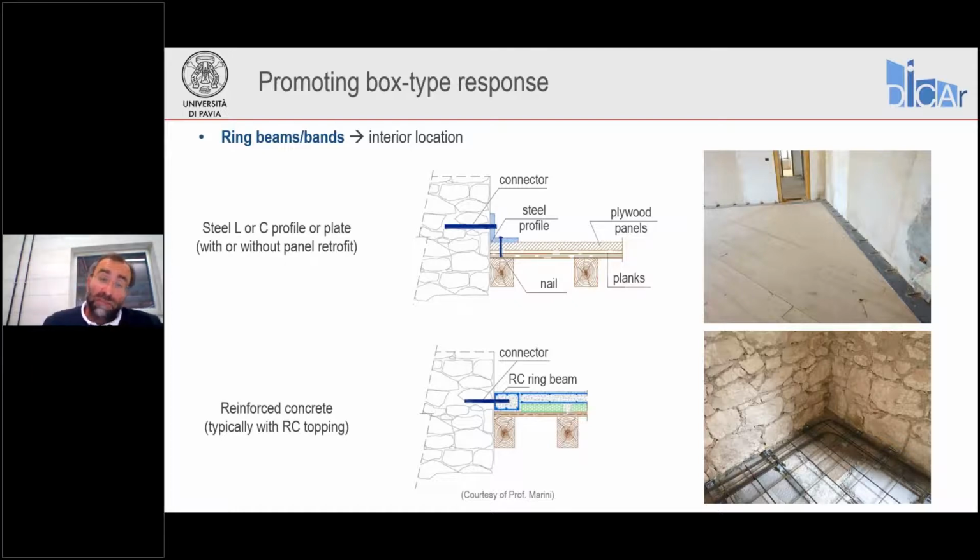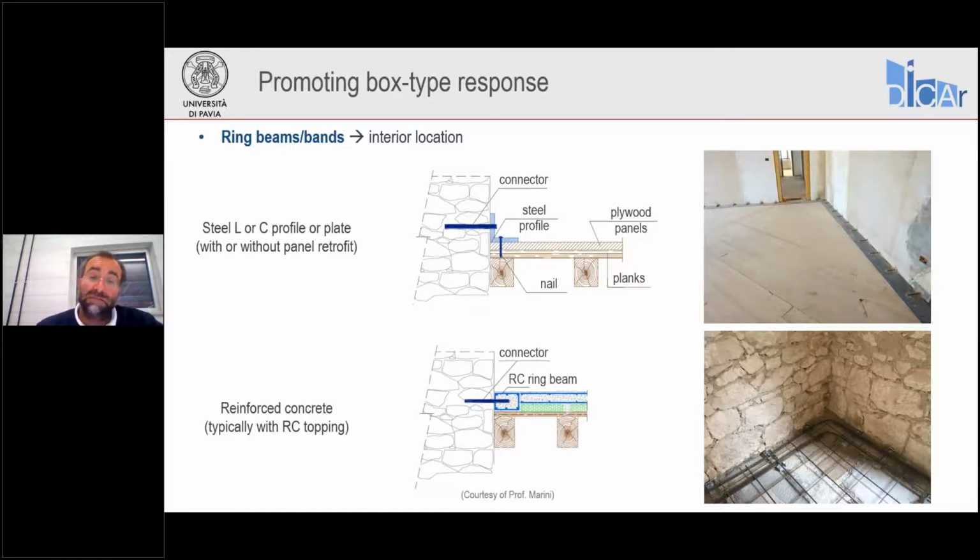Another solution is with reinforced concrete tie beams. Now, this is usually a choice that goes with the strengthening of the floor diaphragm by adding a reinforced concrete topping. It's rare, almost impossible, to find a reinforced concrete ring beam built like I'm showing, built within the diaphragm without strengthening the diaphragm itself with a reinforced concrete topping.